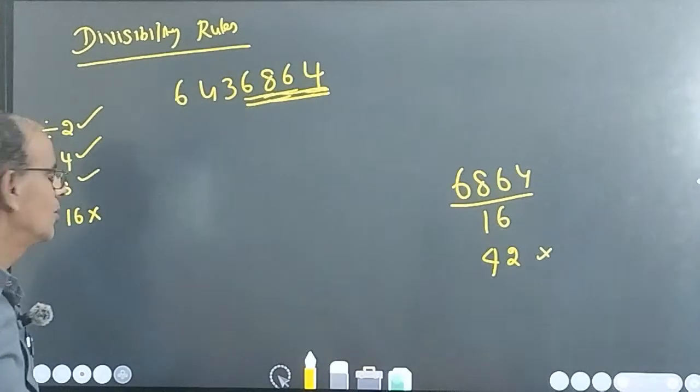This number is divisible by 2. This number is divisible by 4. This number is divisible by 8.